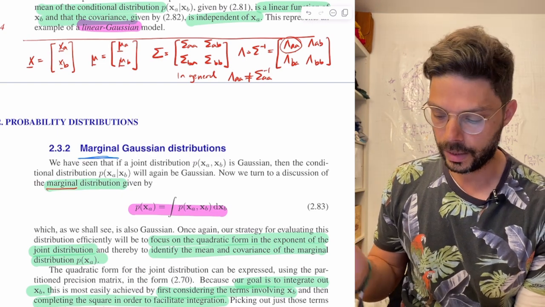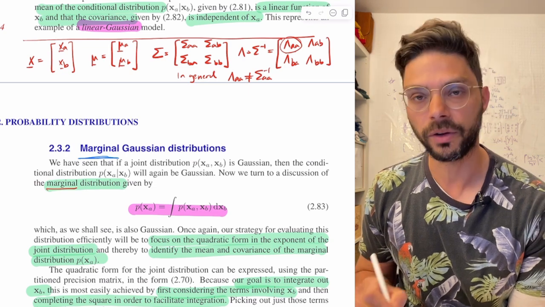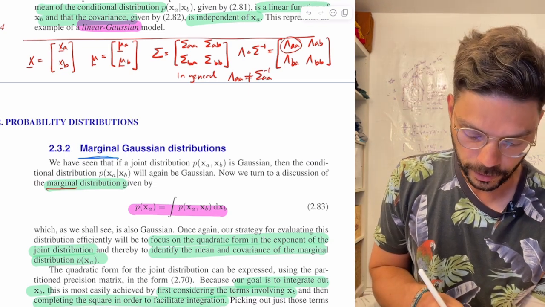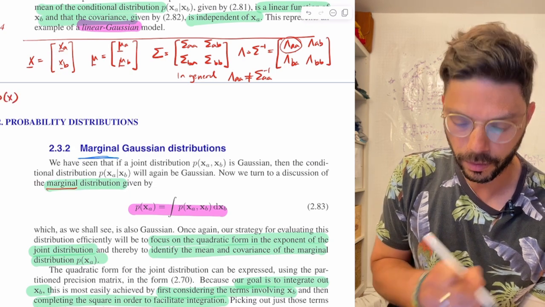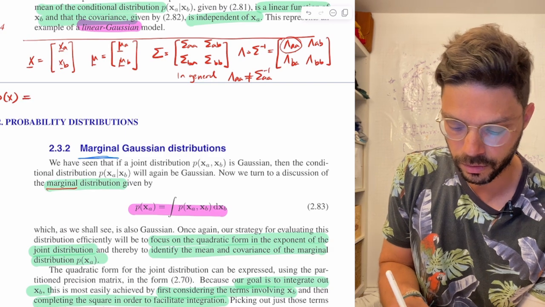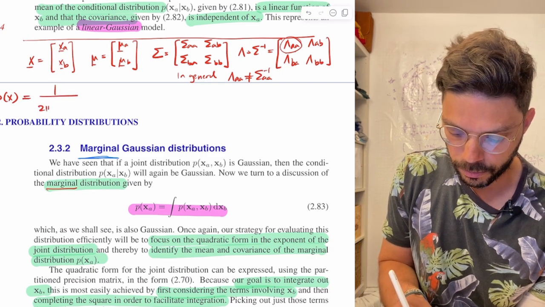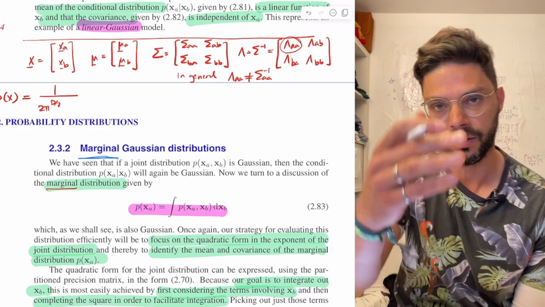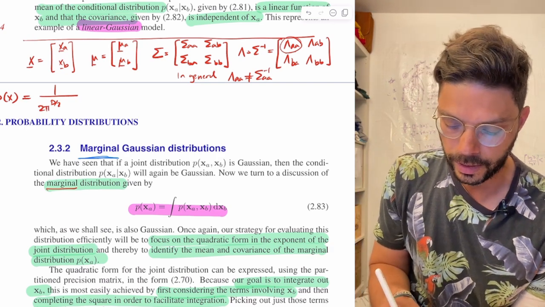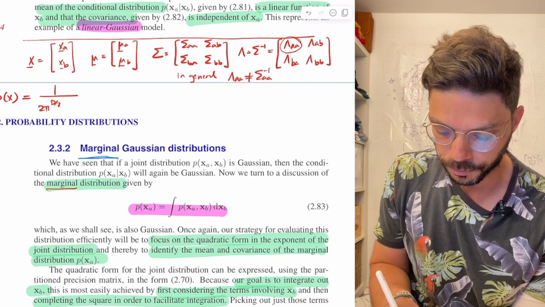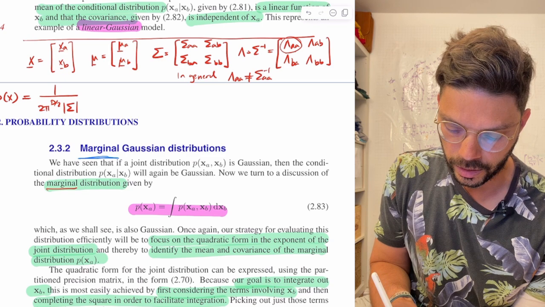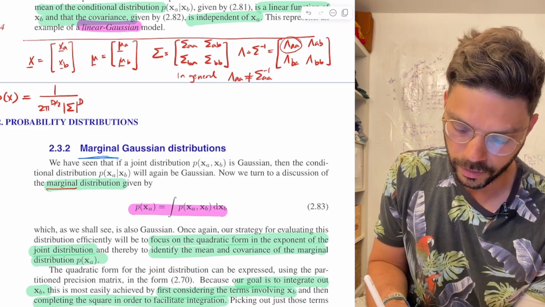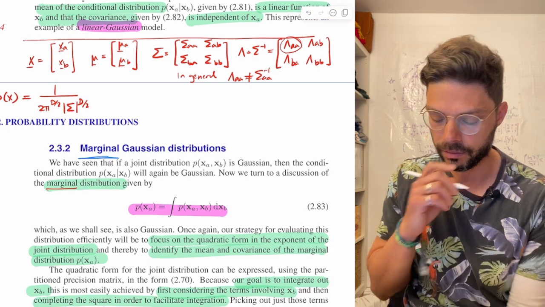Okay, so now we're told that this joint distribution is a Gaussian. So let's write out what that means. We know that P of X is going to be equal to a constant, with D over 2, where D is the total dimension of X. We won't need this part, but we'll write it out anyway: the determinant of the covariance to the power of D over 2, I believe.